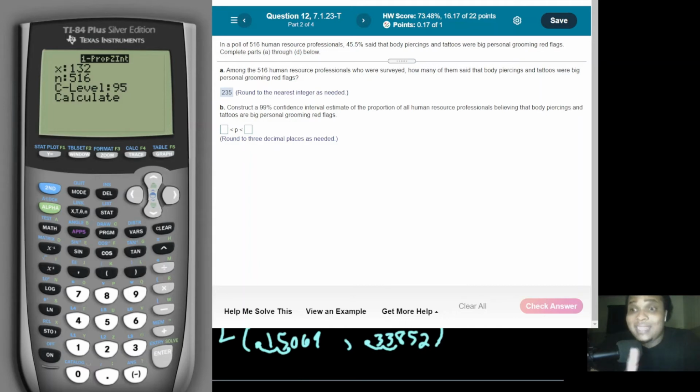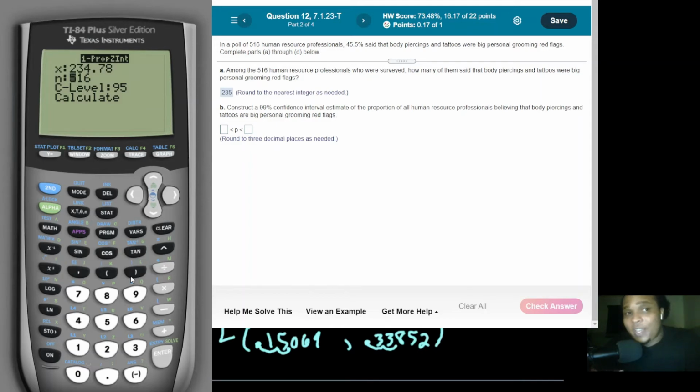You change it into a decimal first, by moving 2 places to the left, so we get 0.455. Multiply by our sample size, 516, hit enter, and it calculates it for us.